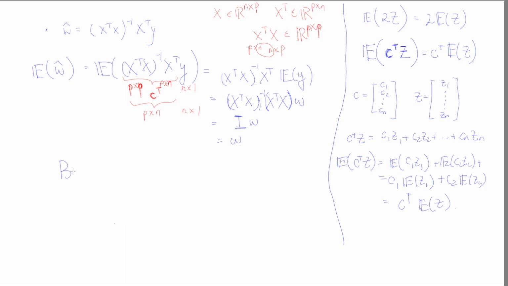Well, that tells us that the bias of W hat, which is the expectation of W hat minus W, is equal to 0. So the least squares maximum likelihood estimator, whatever you want to call it in this case, is unbiased, and we can only figure that out once we have this assumption on the y's. Okay?